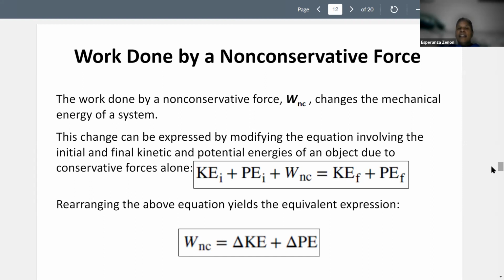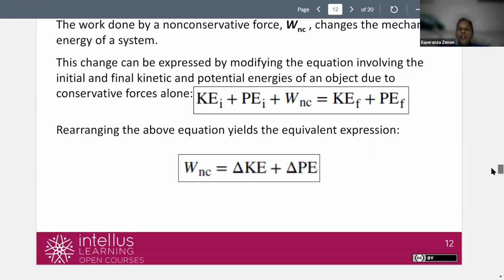You can see that in this expression, if we rearrange it and solve for W_NC, we have to take everything on the left side and move it to the right side and leave W_NC by itself. So subtract out KE initial, subtract out PE initial.